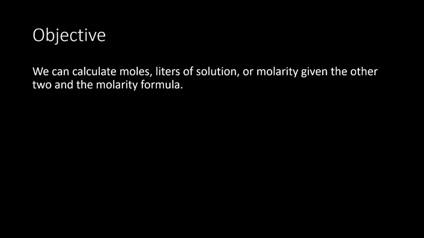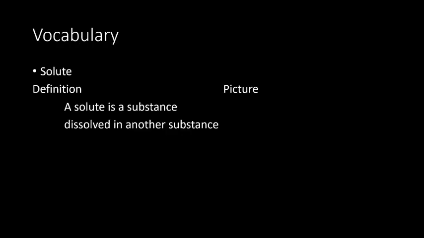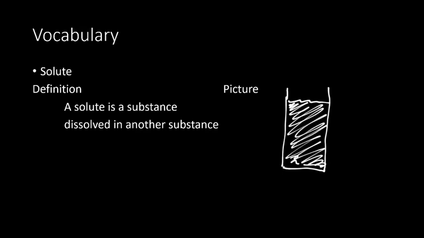Before we get there, though, there are a couple of terms that we're going to need to flesh out. We've got solute. Solute is dissolved in another substance. So whatever you have dissolved in a substance, that's going to be a solute. If we're thinking about something that we deal with on a regular basis, let's say some sweet tea, and I know the color is not going to be great, but we've got some sweet tea here.